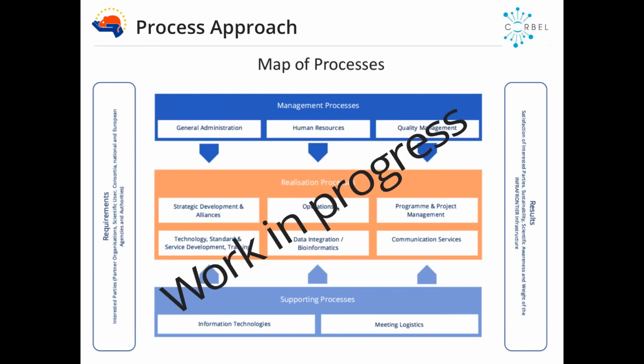We have management processes, and those management processes are not all of the management processes that we have in the INFRAFRONTIER GmbH, but only those that we would like to include in the current implementation of our quality management system. And then we have supporting processes. In our case, it's IT and meeting logistics. But this is work in progress, and so this is not the final document.